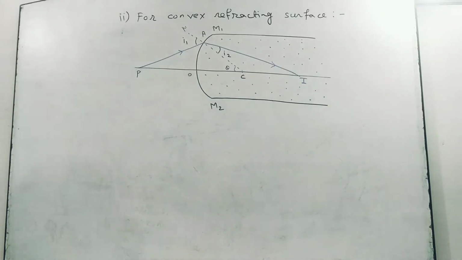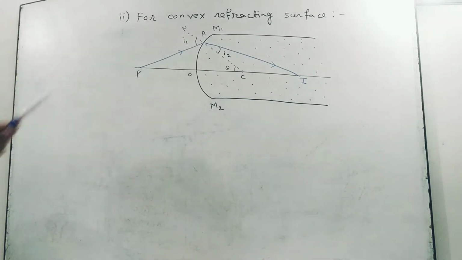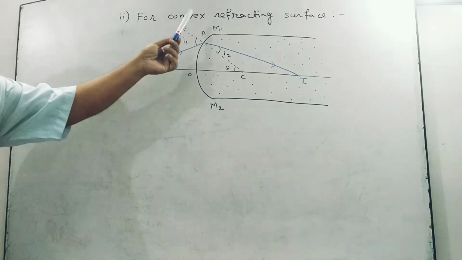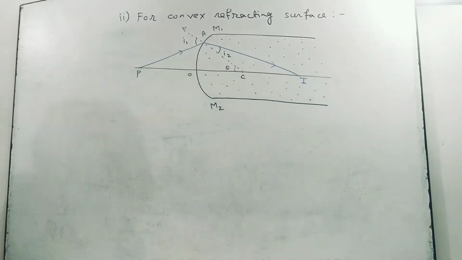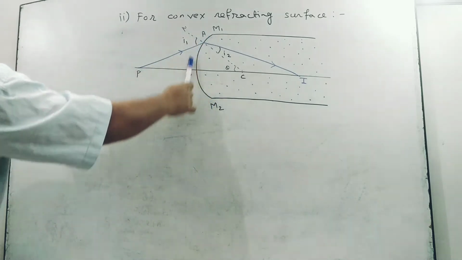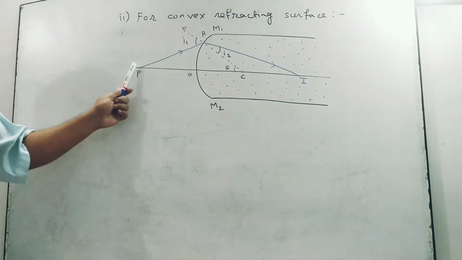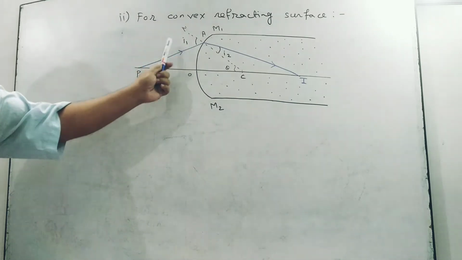In our second case, the refraction of light through a convex refracting surface. Here M1, M2 is a convex refracting surface, P is the point object, and PA is the incident light ray.